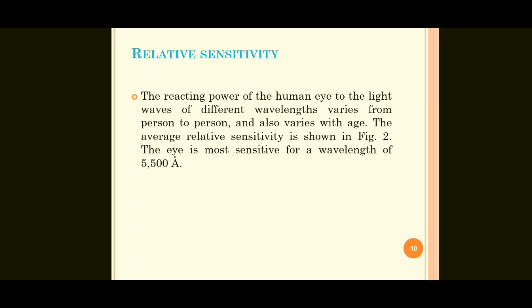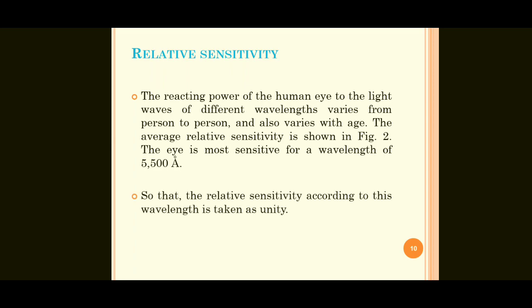So the eye is most sensitive to a wavelength of 5500 angstrom units. The eye sensitivity is at 5500 angstrom units, an important objective bit. It means in between 4000 to 7500, in between green and infrared.